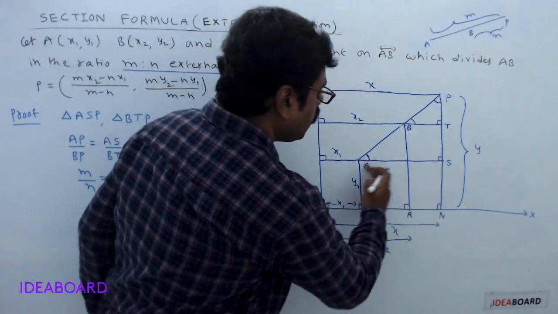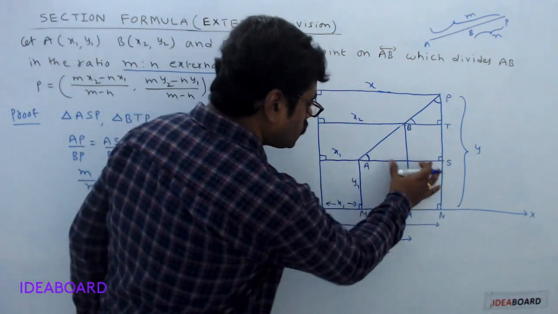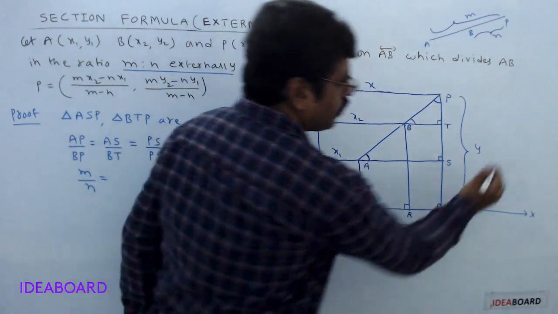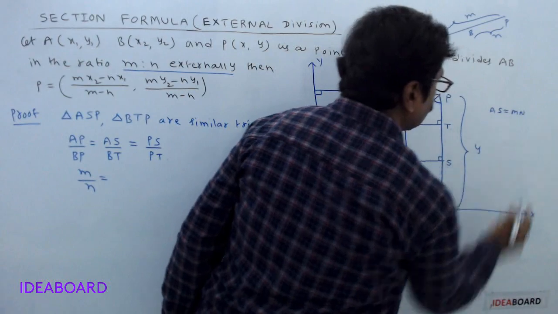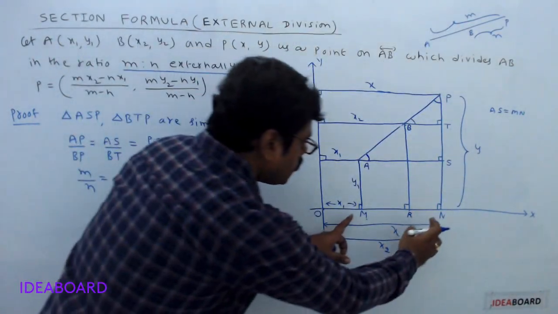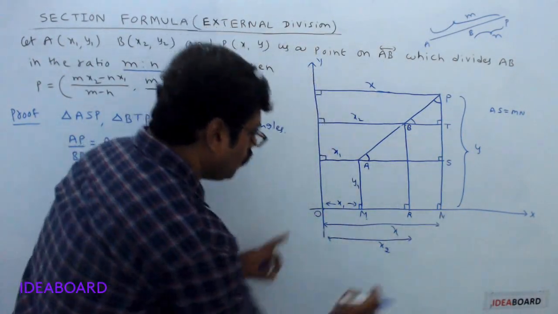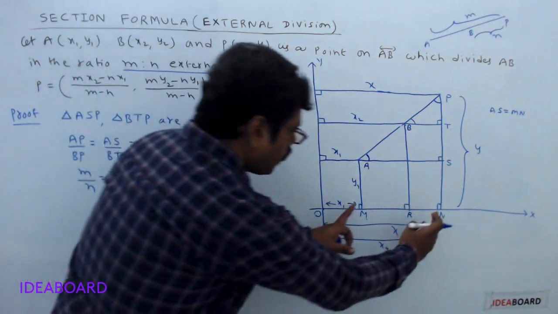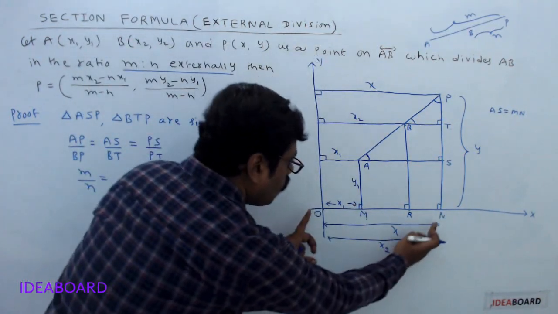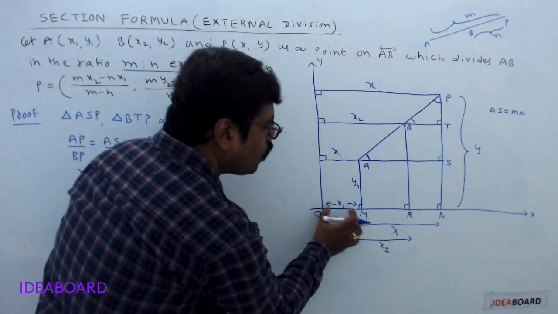This is AS. So AS is same as MN. This MN can be taken as ON minus OM.